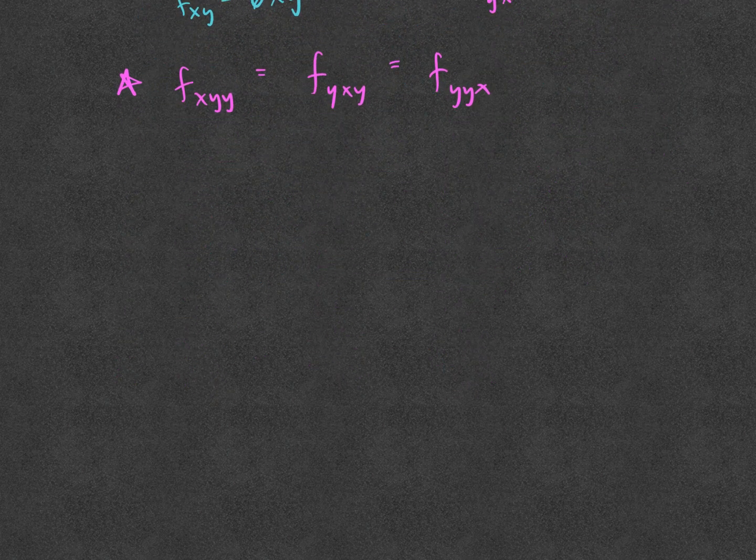So let's look at this problem, and it says calculate f x, x, y, z if f of x, y, z equals sine of 3x plus yz.